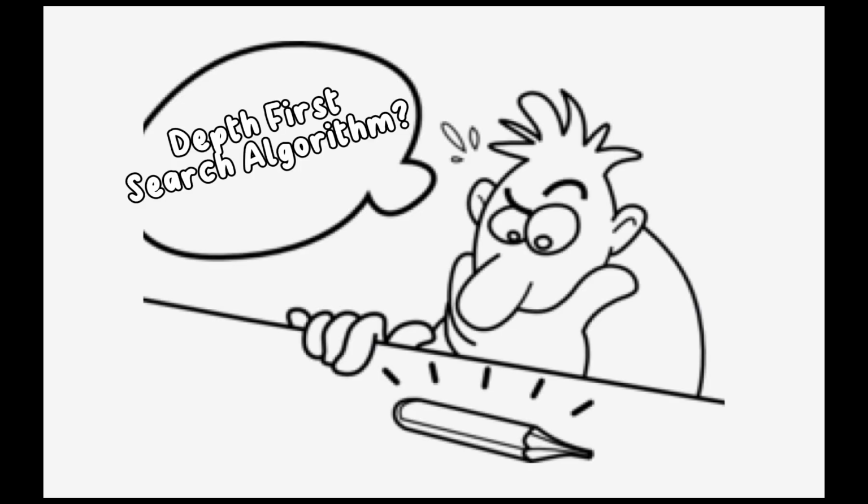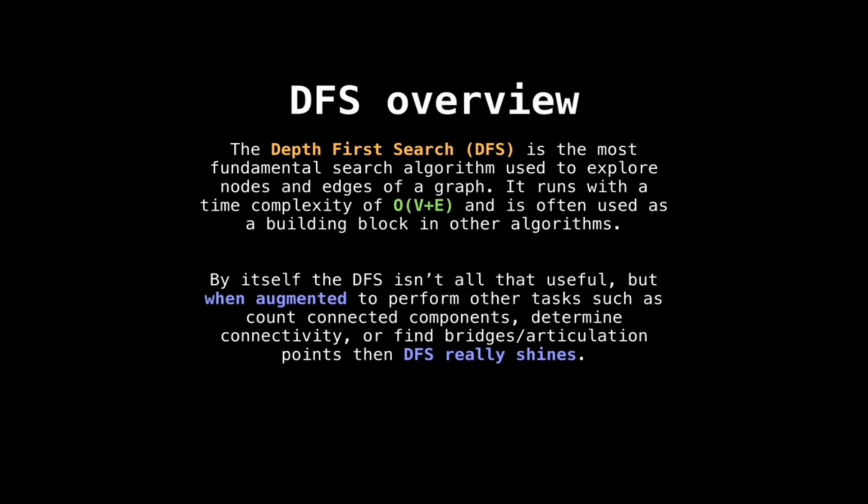What is Depth First Search Algorithm anyway? Well, Depth First Search Algorithm, or DFS, is the most fundamental search algorithm used to explore nodes and edges of a graph. The good thing about this algorithm is it is easy to code and it runs with a time complexity of O(V+E), which is often used as a building block in other algorithms.